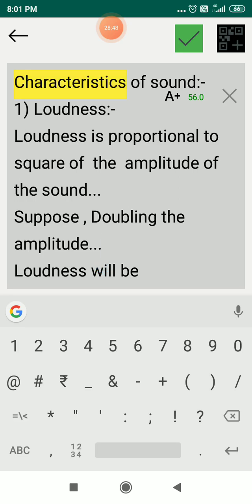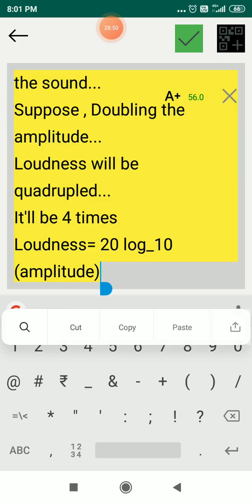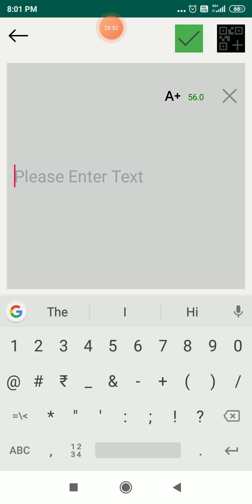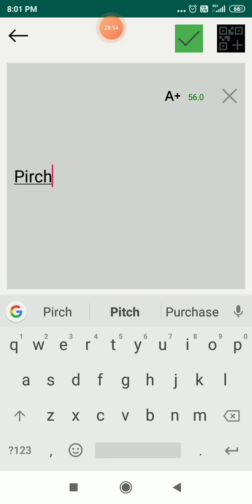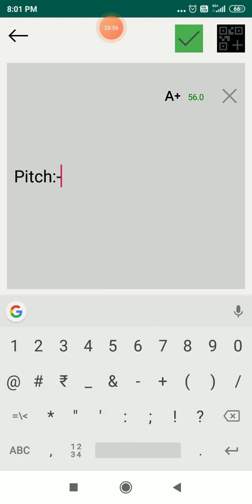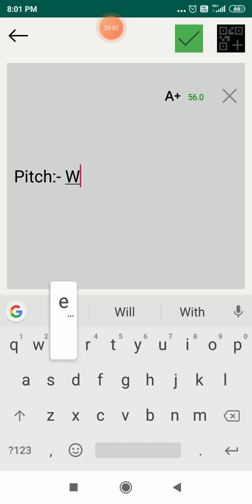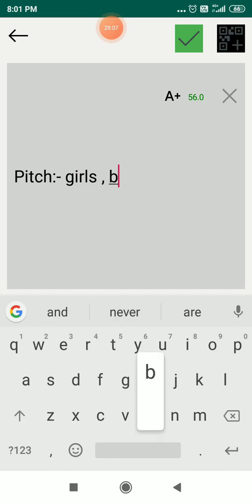Another important characteristic of sound that is more important to discuss is the pitch of the sound. Pitch of the sound means what? Suppose one is a girl and one is a boy.